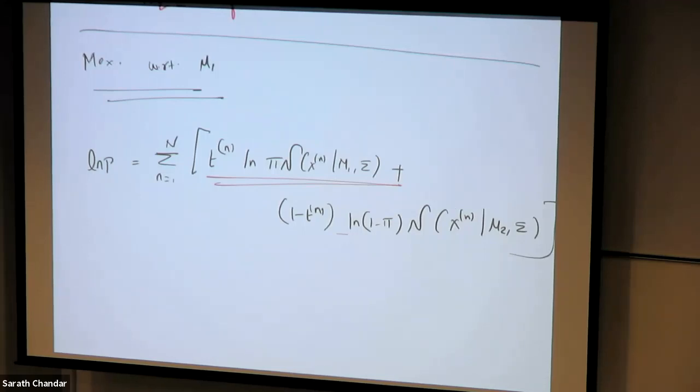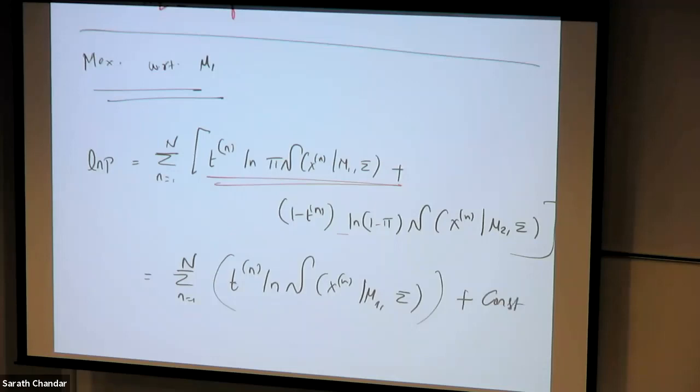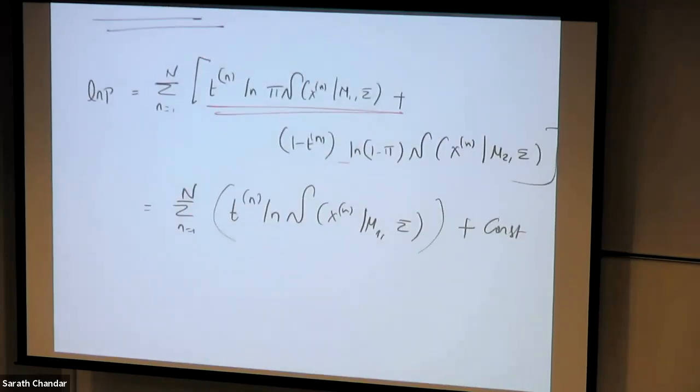Even in this, pi is a constant. So I can rewrite this as summation over n equal to 1 to capital N, t of n ln of just the Gaussian with mu1, sigma, so the whole thing plus some constant. We don't care about the constant. Is that clear?